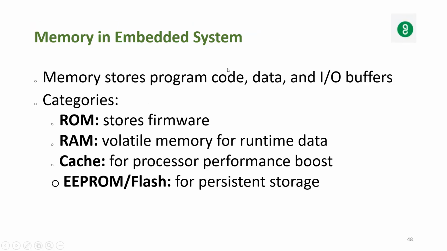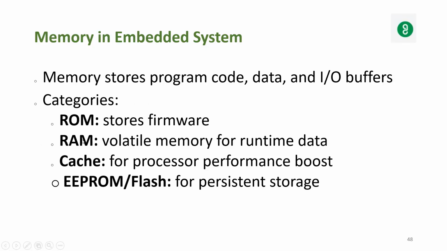Memory in embedded system. Memory stores program code, data, and input-output buffers. We know that memory can be read-only memory, random access memory, cache memory, electrically erasable programmable read-only memory, or flash. If it is read-only memory, it lies in firmware.